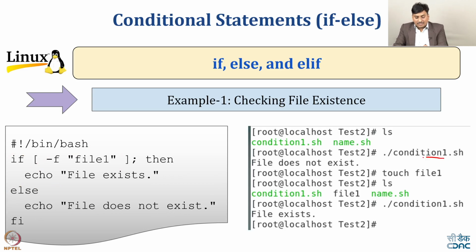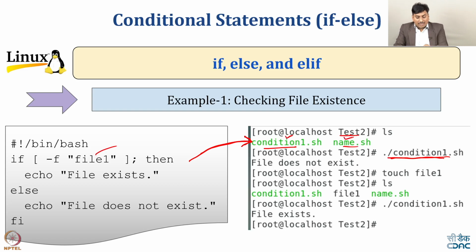Here I write a script with the name condition1.sh and put this particular code into it. When I run this script, you can see that initially there is no file with the name file1 in this directory; there are only two files.